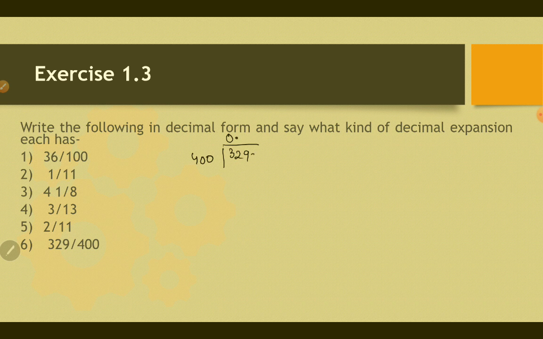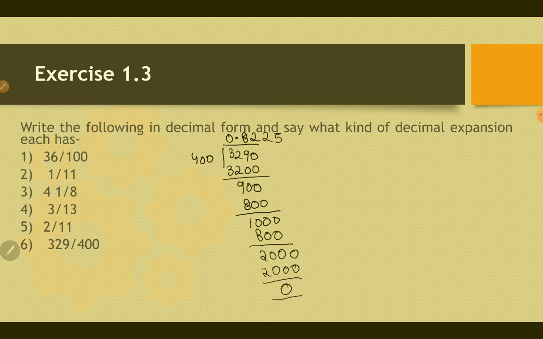So 0.0, 8s are 3200, then 900, so 2s are 800, so 100, and one more 0, again 2s are 800, so 200, then again one more 0, then 5s are 2000.